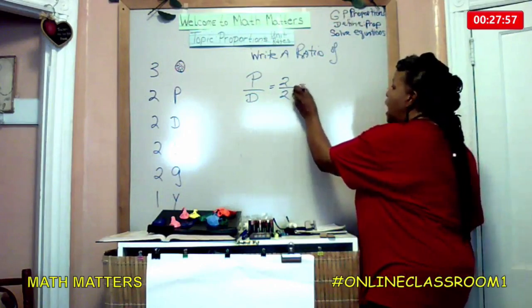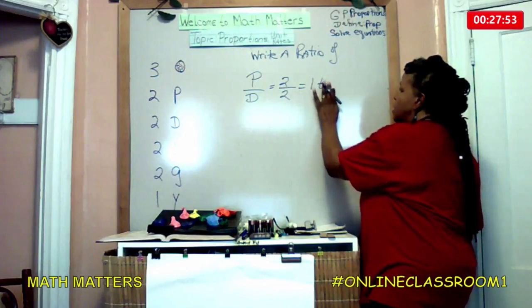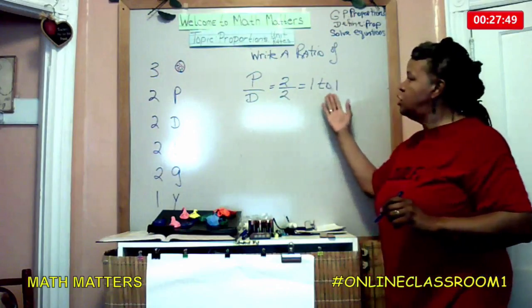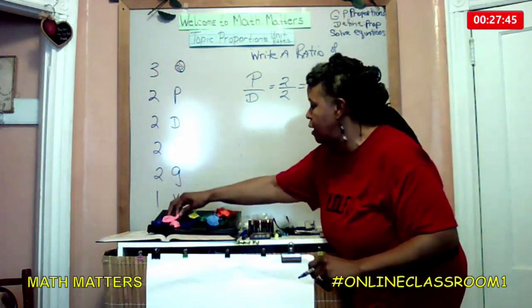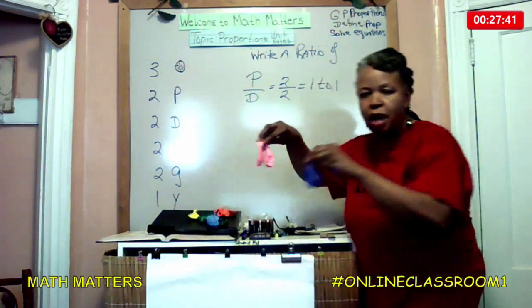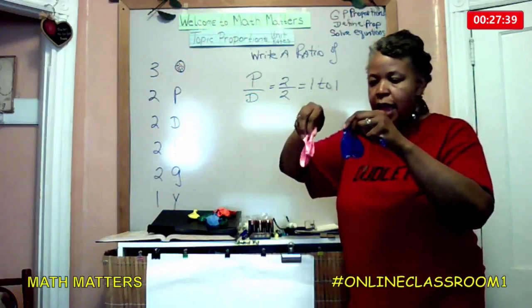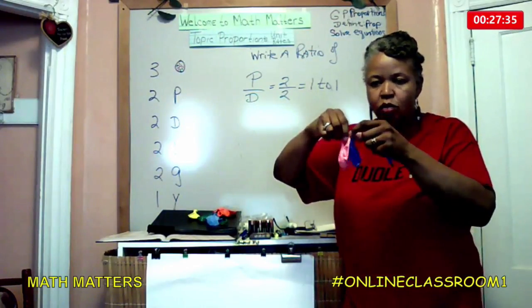Form would be a 1 to 1. 1 to 1 ratio. In other words, with my pink and my dark blue balloons, if I pick them up, that means for every 1 dark blue, I've got 1 pink.